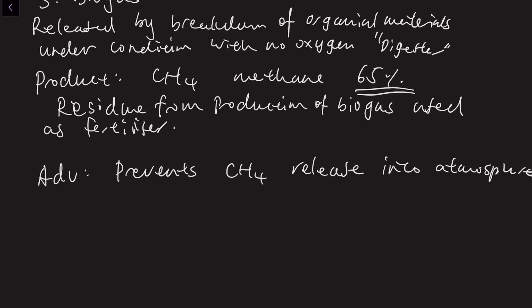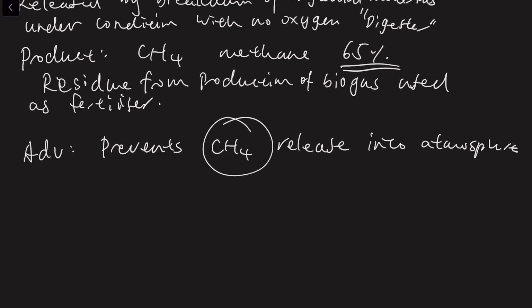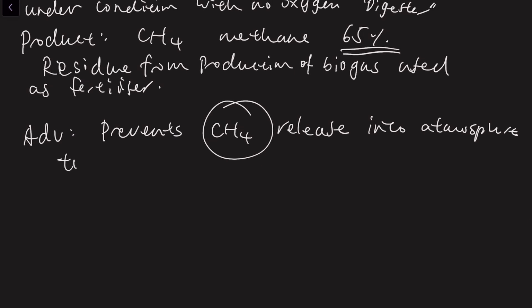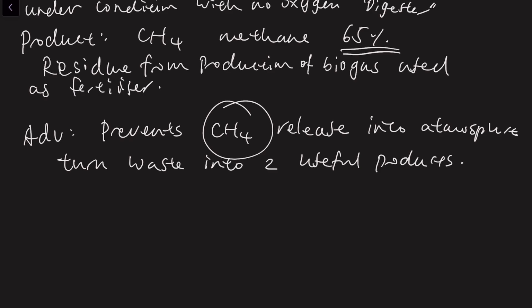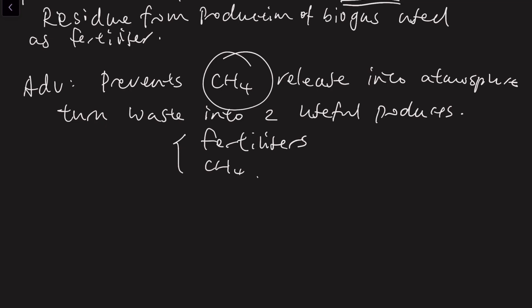And we know that methane gas is a potent greenhouse gas. It also turns waste into two useful products, which are fertilizer and CH4, methane gas. It can also be used in the same way as natural gas. So there's no compromises here, is it?